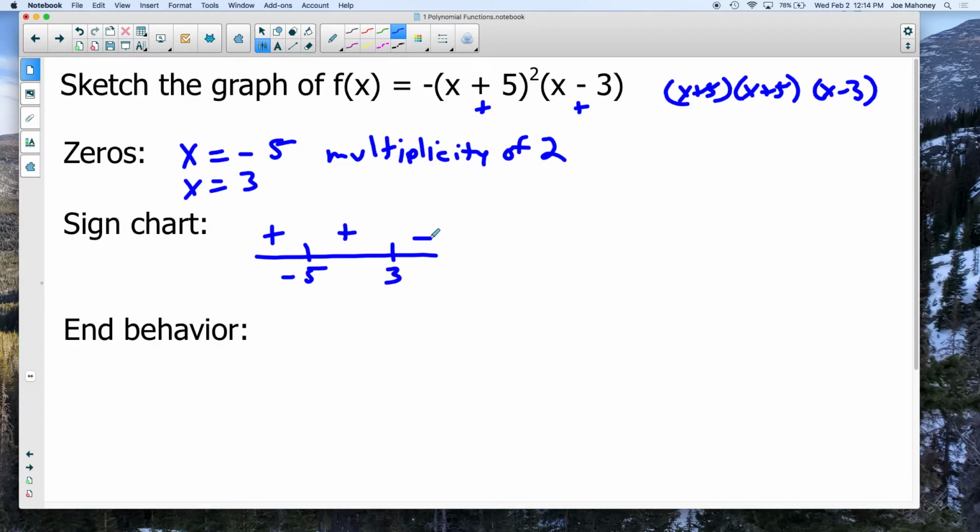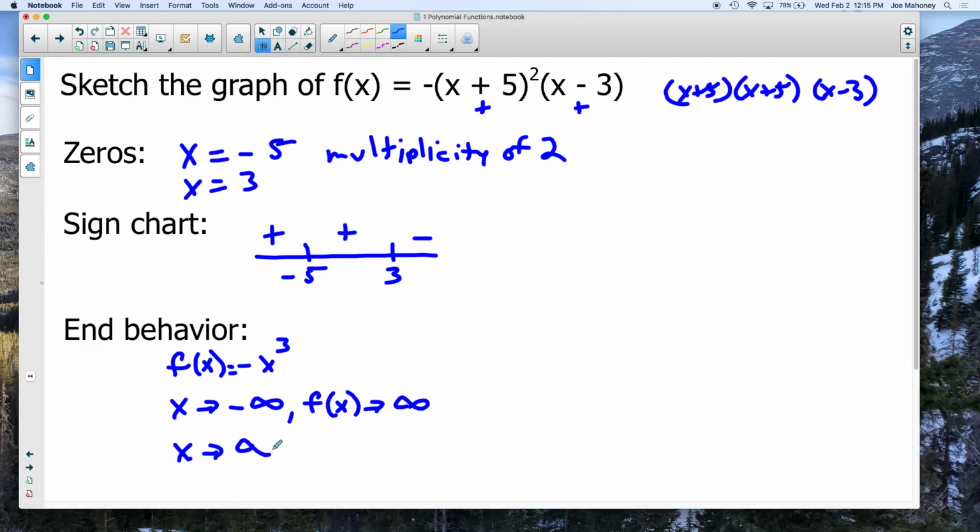Notice this function is an x cubed graph, but it's really like a negative x cubed graph. So then our end behavior, let's think about it a little bit. As x approaches negative infinity, when those numbers get really, really small, they're negative, but then I gotta change the sign again, so f of x is approaching positive infinity there.